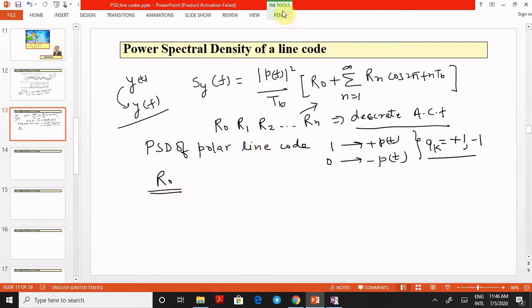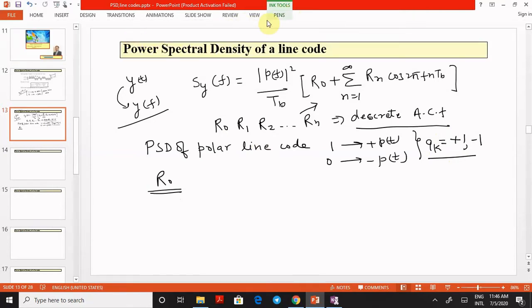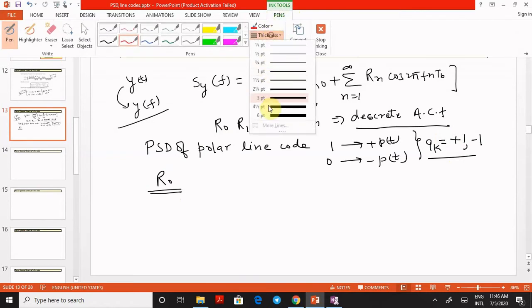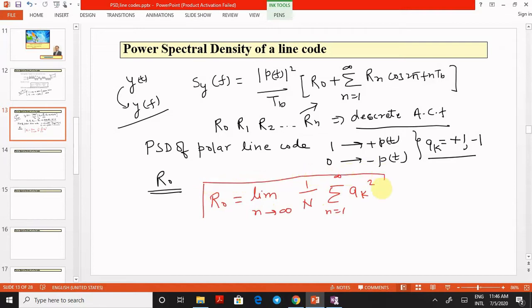If we talk about R_0, then we can simply say that R_0 can be defined as limit N tending towards infinity 1 upon N summation of a_k squared, k is equal to 1 to N. This formula we have already derived in the last class, right?